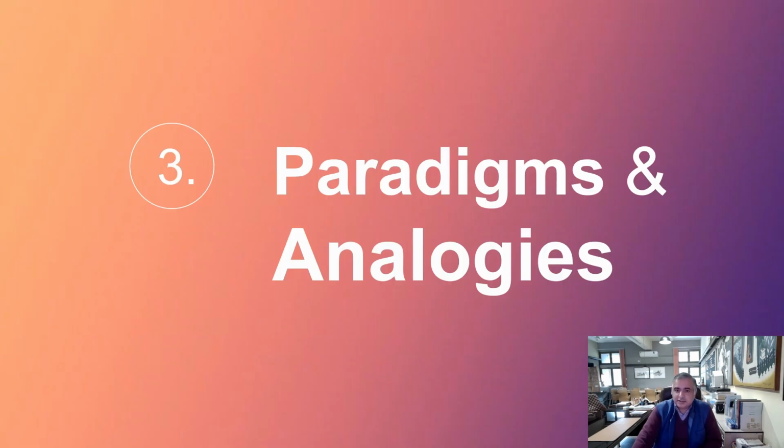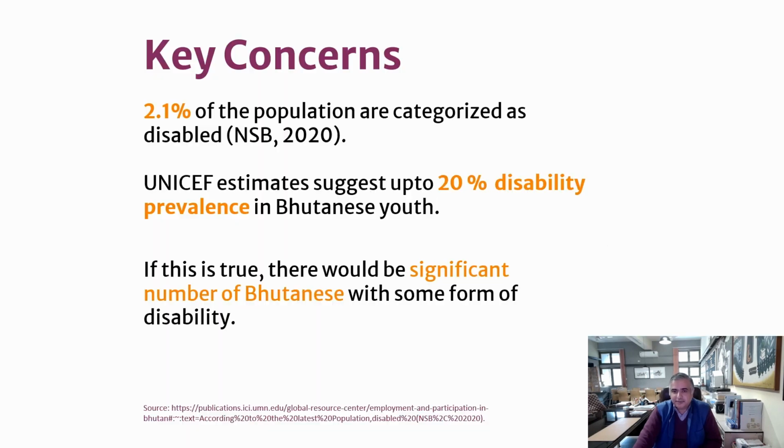Taking this to the 3rd section now, which is paradigms, the frameworks of understanding, the analogies of the context that we're talking about. So some basic information from the web provides us this information that 2.1% of the population of Bhutan is categorized as disabled.